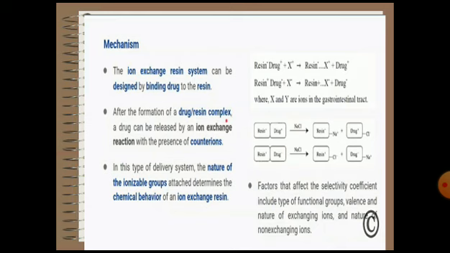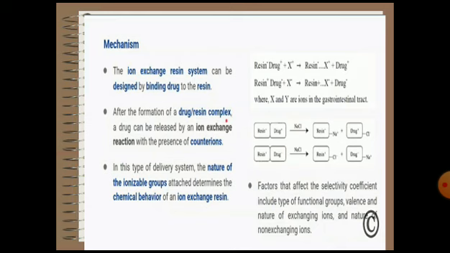It may be a sulfonic acid group, carboxylic acid group, or quaternary ammonium group. Depending upon which functional group it contains, we add the drug molecule, which should be just oppositely charged. So first we design it by binding the drug to the resin.